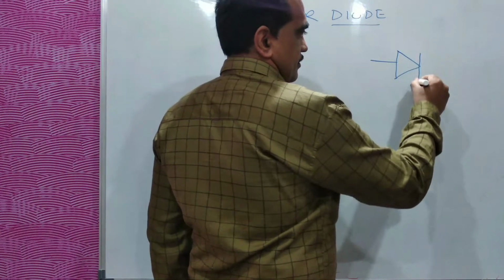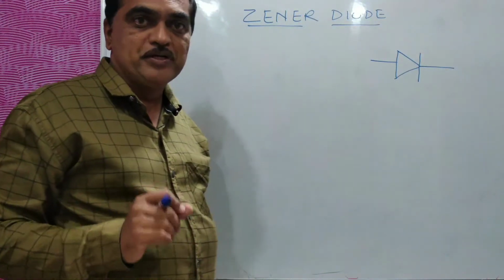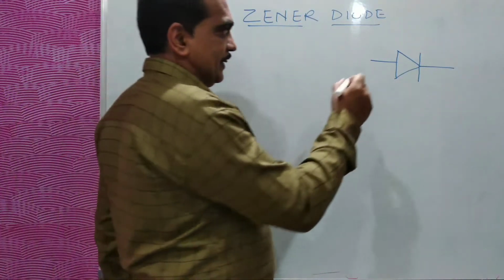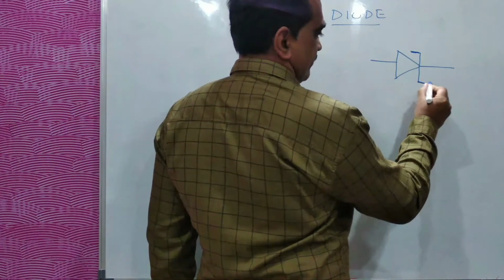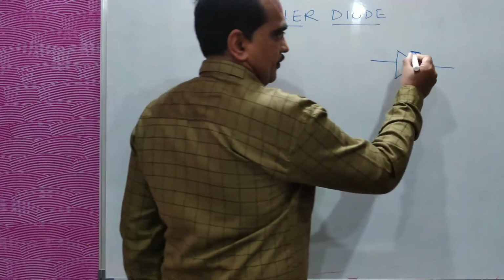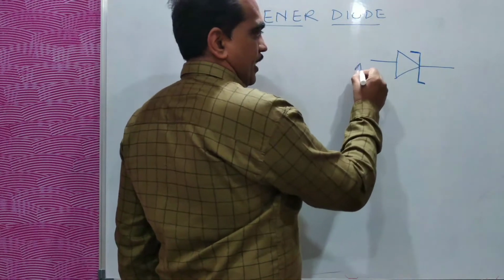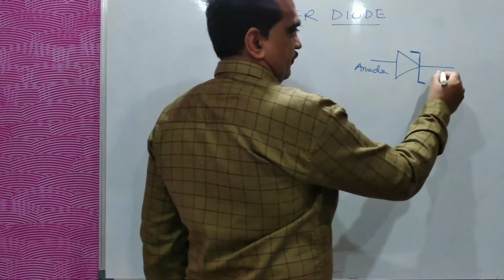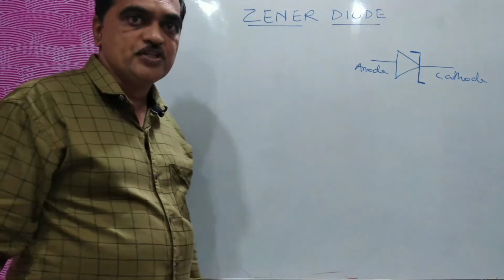Up to here it is the same as your conventional PN junction diode. Then at this bar you have to just make it a Z. This is Z type. So this is anode and this is cathode. And this is the symbol of your Zener diode.